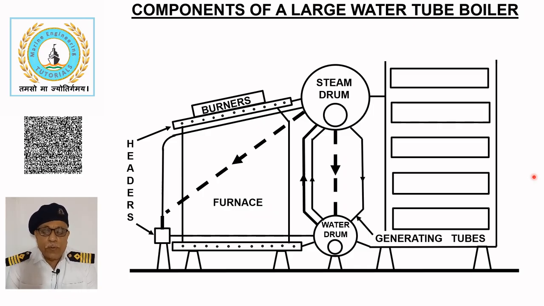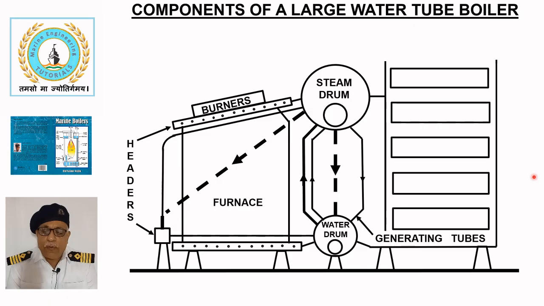The number of generating tubes may be adjusted to ensure the required flue gas temperature before the superheater to achieve the desired superheated steam temperature. In modern boilers, generating tubes are often replaced by water walls, where steam generation occurs primarily by radiant heat from the flame rather than by convection from flue gases.